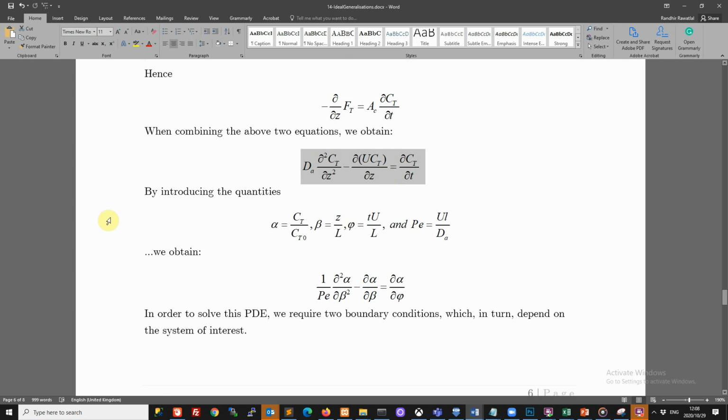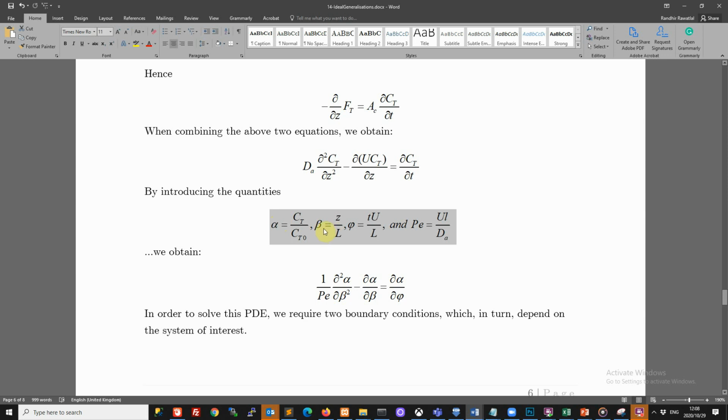We can also find a non-dimensional form of this. So if we introduce these variables, instead of working with concentration of tracer, we say Ct over Ct naught, that's the dimensionless form of the concentration.